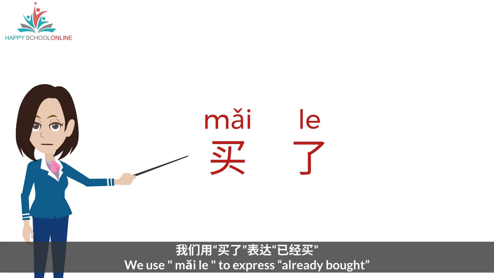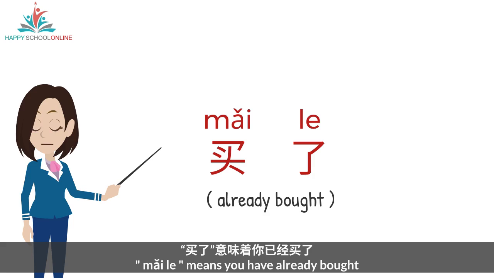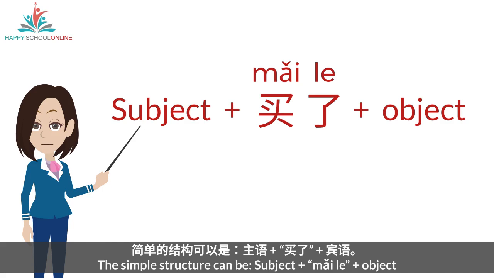We use 买了 to express already bought. 了 has the meaning of completion. 买了 means you have already bought. The simple structure can be subject plus 买了 plus object.